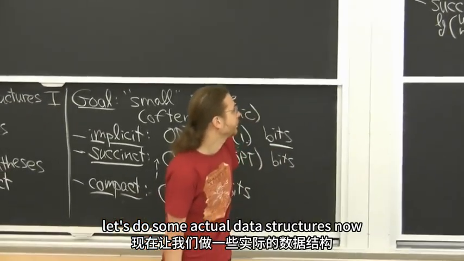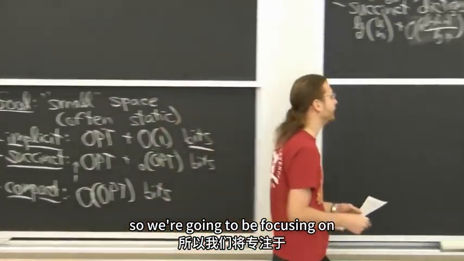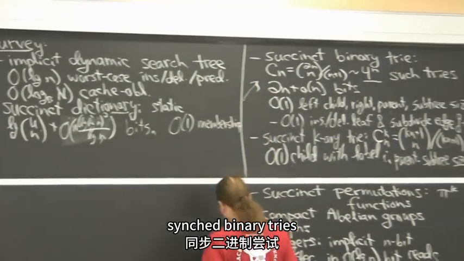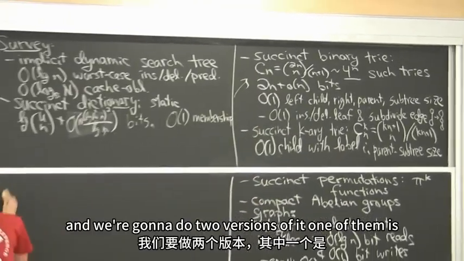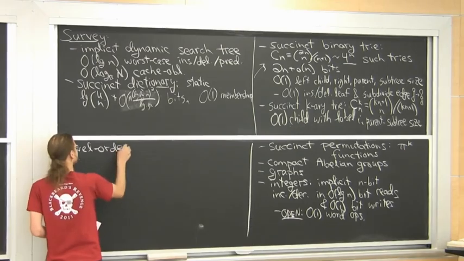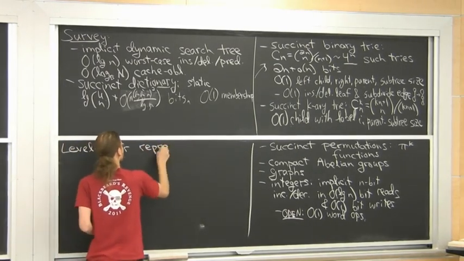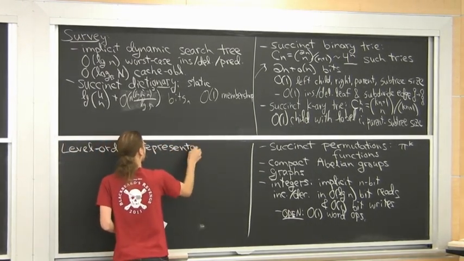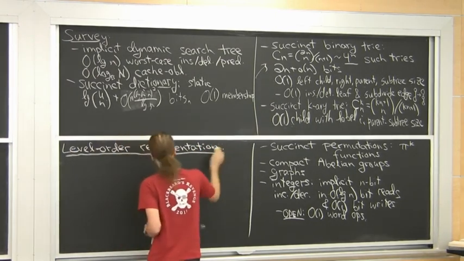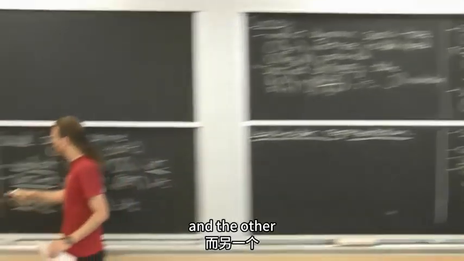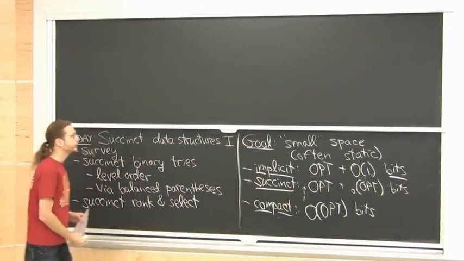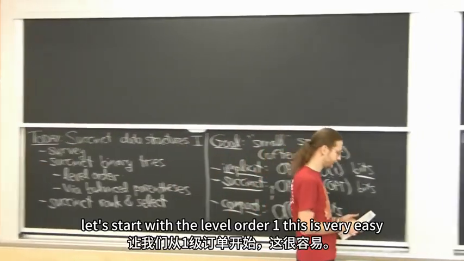Let's do some actual data structures now. So we're going to be focusing on succinct binary tries. And we're going to do two versions of it. One of them is level order. And the other will use a balanced parenthesis representation. So let's start with the level order one.